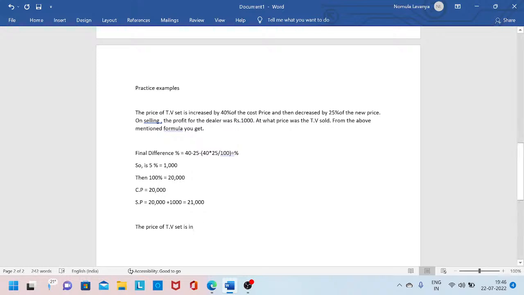In the same way, the price is increased by 25% of the cost price, and then decreased by 40%. Previously we had done 25%, this is 40%, of the new price.